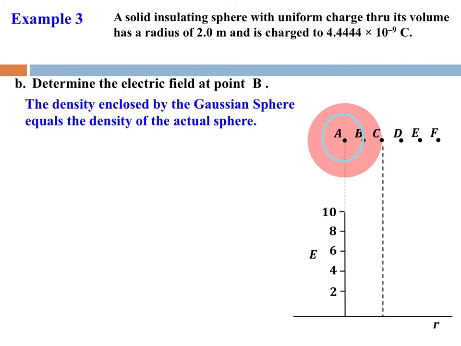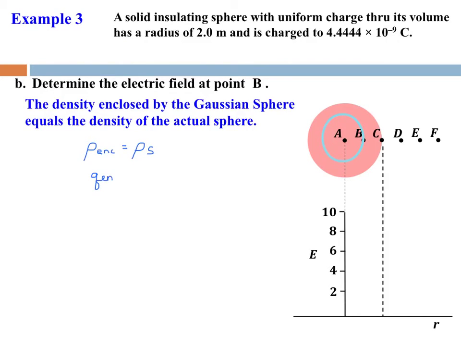So, finding the total charge enclosed requires comparing the charge density of the volume enclosed by the Gaussian sphere to the volume of the actual sphere. Again, that density will be the same no matter what. Since we're talking about volume, we're going to be using our rho. So the density enclosed by the sphere is going to be equal to the density of the actual sphere.